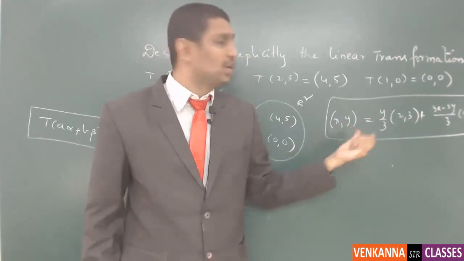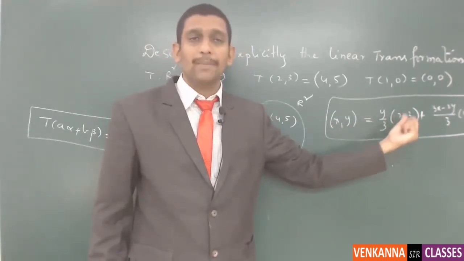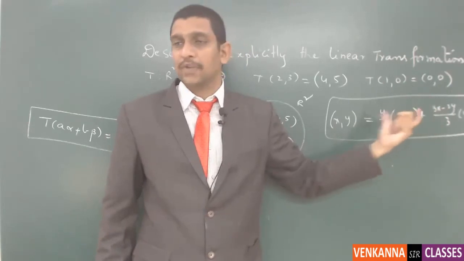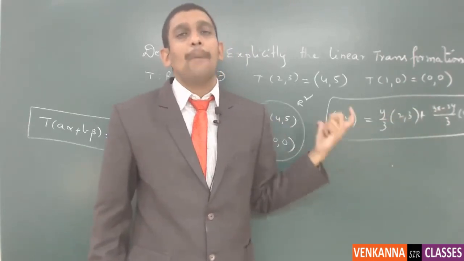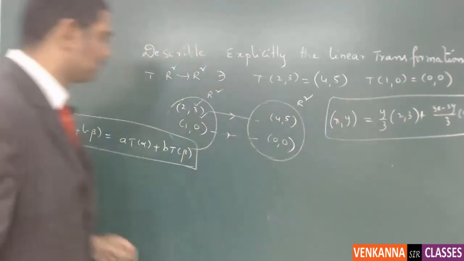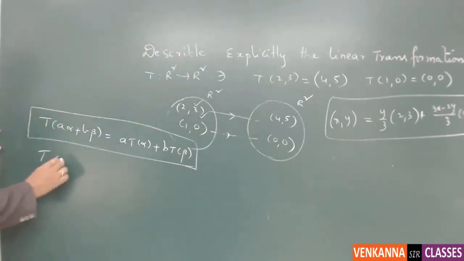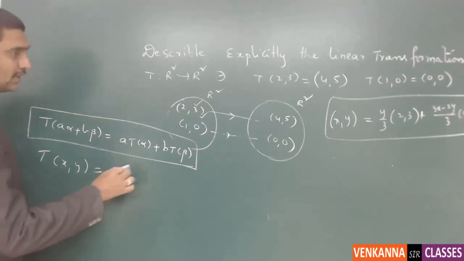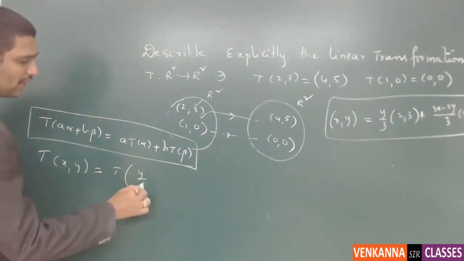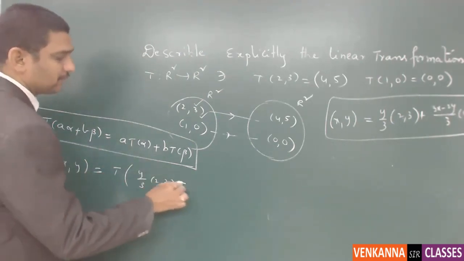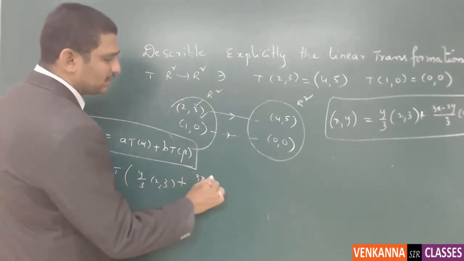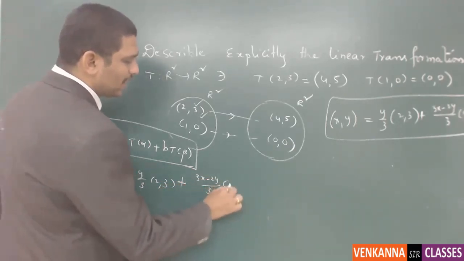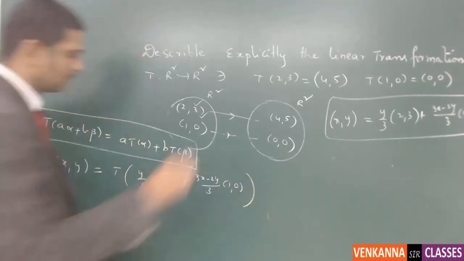(x, y) is equal to some number into (2, 3) plus some number into (1, 0). So for this expression, apply T on both sides. So you have T of (x, y) is equal to T of [y by 3 into (2, 3) plus (3x minus 2y) by 3 into (1, 0)].